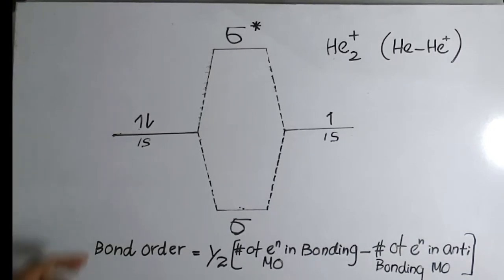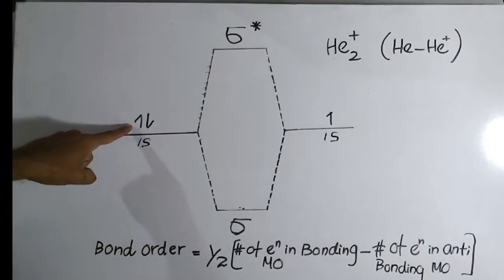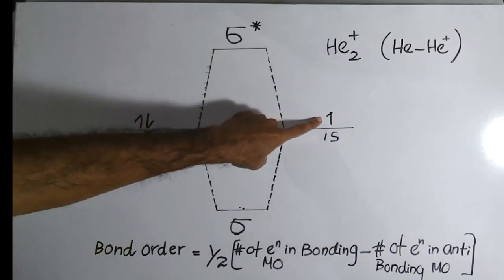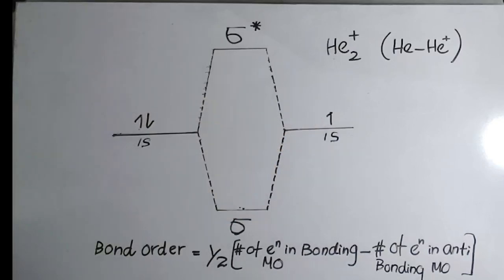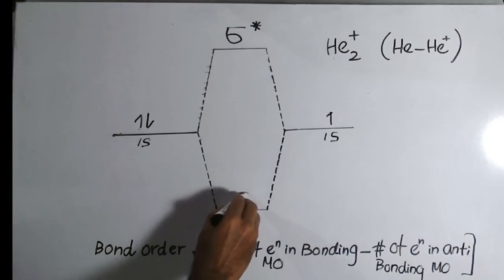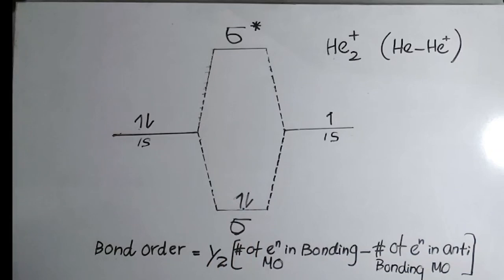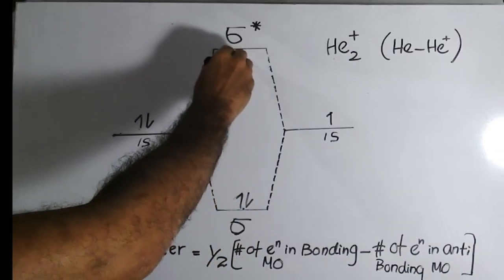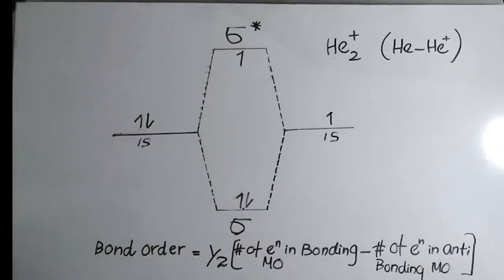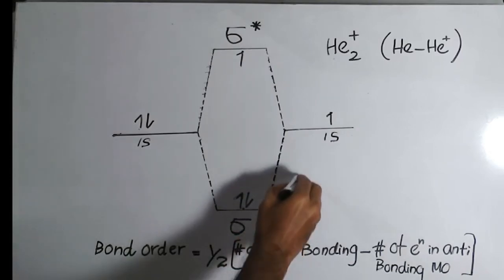Now when we consider these 2 electrons, they have less energy than this single unpaired electron. We can place them in the bonding molecular orbital and the single electron can be placed in the anti-bonding molecular orbital. Then I can apply the formula.